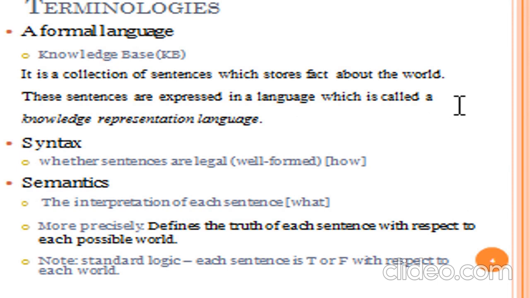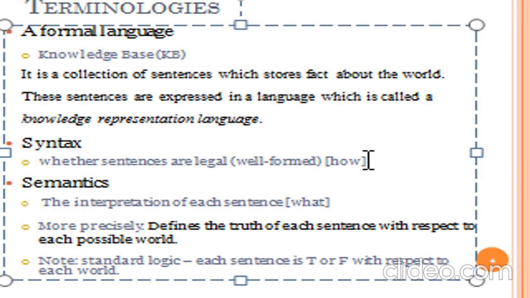These sentences are expressed in a language which is called a knowledge representation language. The second is syntax. Syntax means whether the sentences are legal or not. It means how to write a sentence. Basically, in programming, the meaning of syntax is similar to this.